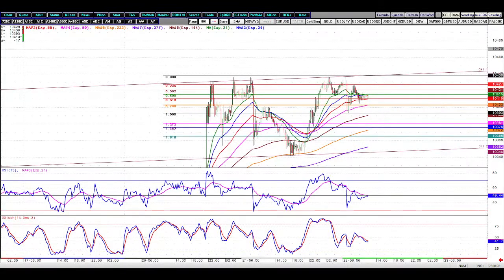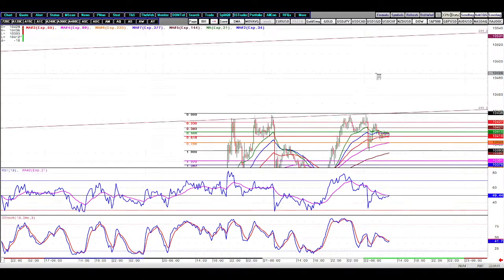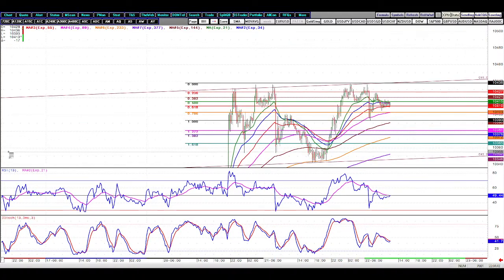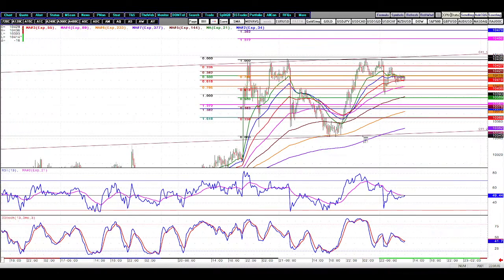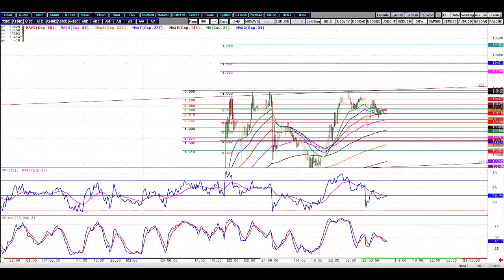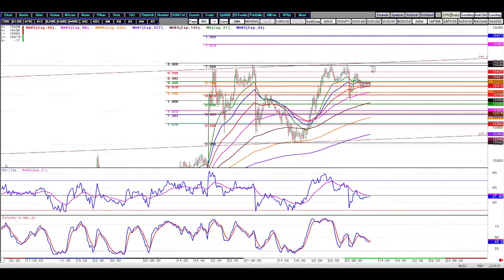So this is what the system is telling us. Let's see how the chart is. What we are seeing right now is the market is consolidating, and once it breaks this high, expect the price to go towards 105.30 or 465 and 480, so any one of these three levels.